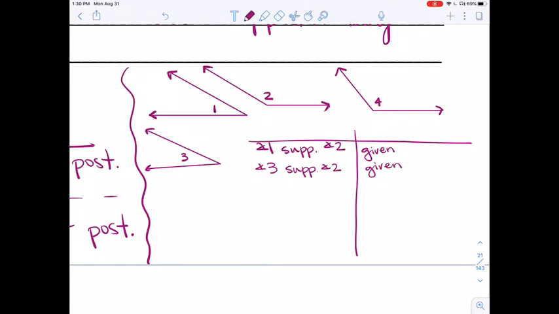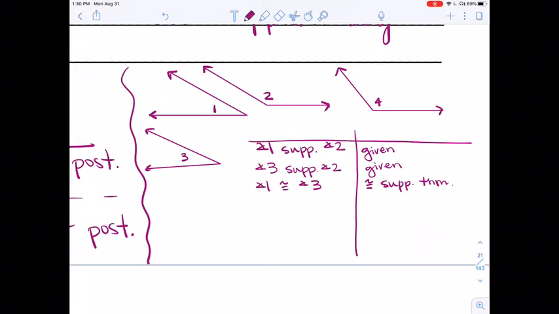Then think about this mathematically. If 1 is supplementary to 2 and 3 is supplementary to 2, then I can automatically say that angle 1 is congruent to angle 3 by our congruent supplements theorem.